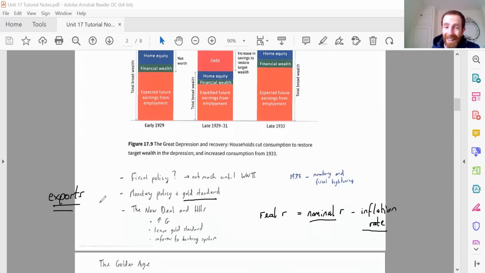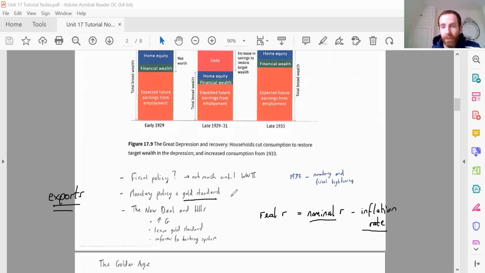So instead, what the US did was to keep its nominal interest rate a little bit above nominal interest rates in other countries, because that would encourage foreign savers to save in terms of dollars. And if foreign savers wanted to save in terms of dollars, that means they need to hold on to their dollars and not convert those dollars into gold.